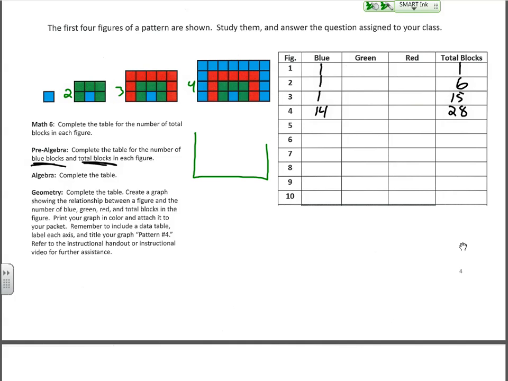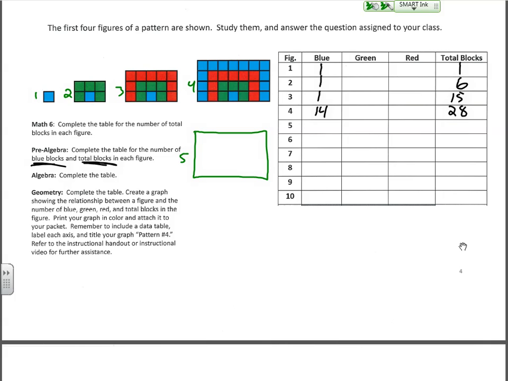I know it's going to be a rectangle there, but how many blocks will we have going up? What will the height be of figure 5? Following this pattern, even figure 1 has a height of 1 block. So 1, 2, 3, 4, figure 5 will have a height of 5.